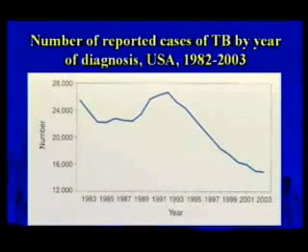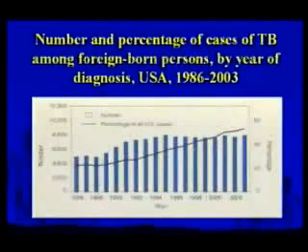The number of cases had a blip in the early years of the AIDS epidemic, and with the change in the case definition, and then has begun to fall again in the United States. It's now around maybe 15,000 cases a year of tuberculosis in the United States. And the percentage of cases due to people who were born elsewhere has been increasing, even as the overall number of cases of tuberculosis falls.